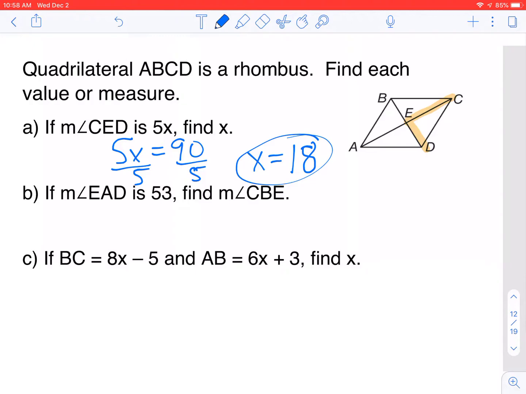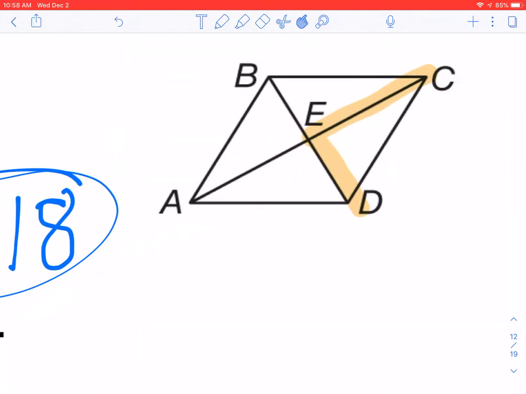All right. EAD is 53. Find CBD. If EAD is 53, find CBD. So I'm trying to find this one. Okay, well, I know that this is 90.